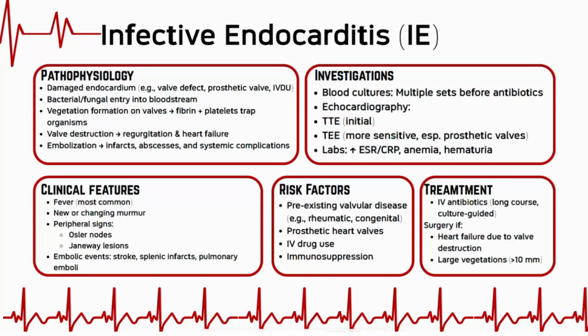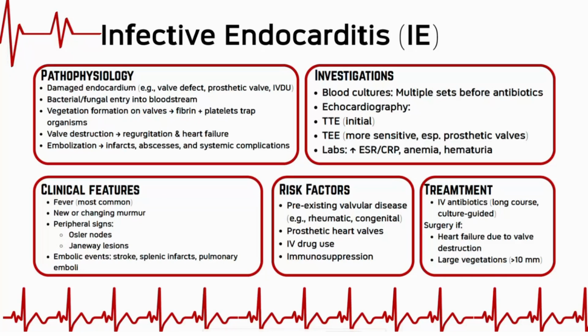Subacute is a situation where it develops over the course of weeks to months, and these patients will often complain of very vague constitutional symptoms. They'll say, I've just been feeling feverish every now and then, and it hasn't gone away. I feel very fatigued. And when you put your stethoscope on their heart, they have a murmur.